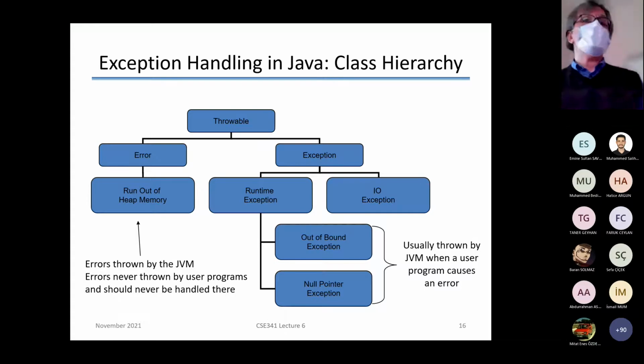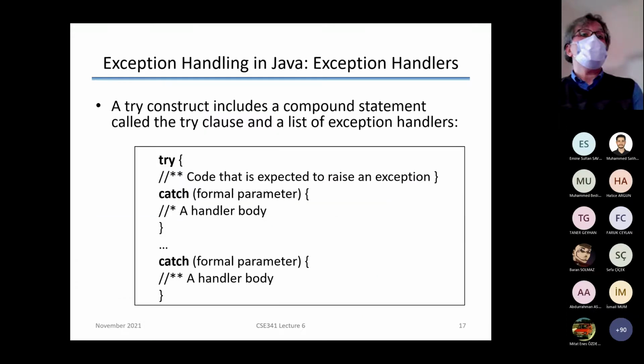For Exception, it has runtime exceptions and IO exceptions. For runtime exceptions, you have things like out of bound exceptions, null pointer exceptions, and so forth. Some of these are predefined, and for errors there is, for example, running out of heap memory. Some of them are generated by the JVM.